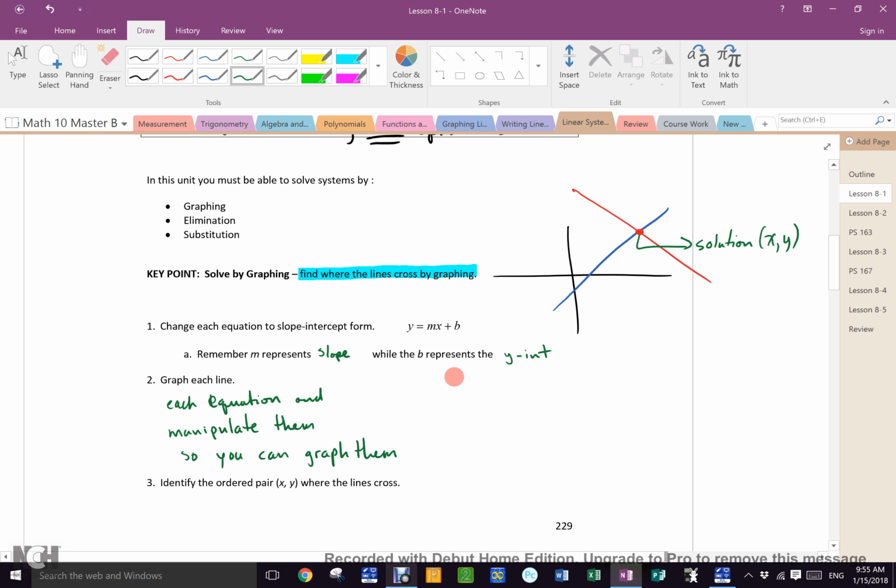So let's do this. We'll take a red equation of 2x plus 7 equals negative y.